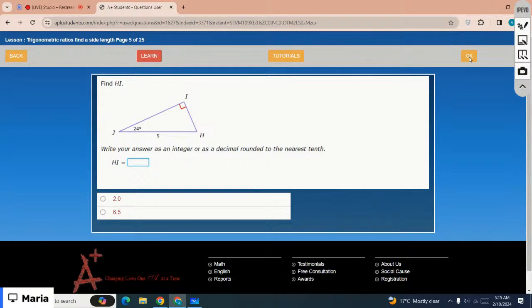So which is the correct option? Which is the correct option?